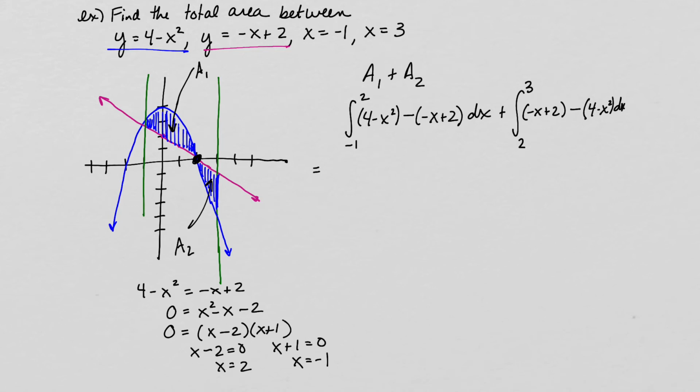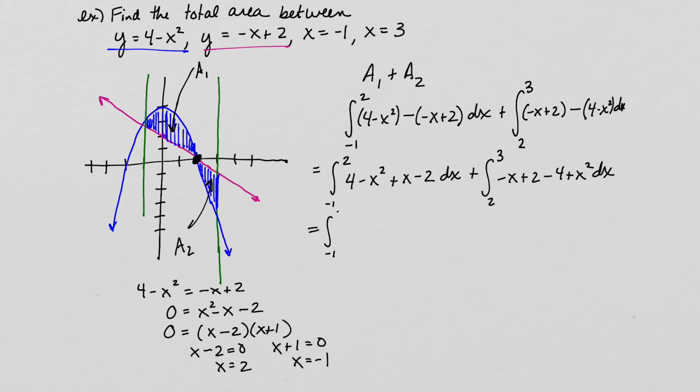So if we clean up these integrals a little bit, I'm going to have the integral from -1 to 2 of 4 minus x squared plus x minus 2 dx, plus the integral from 2 to 3 of minus x plus 2 minus 4 plus x squared dx.